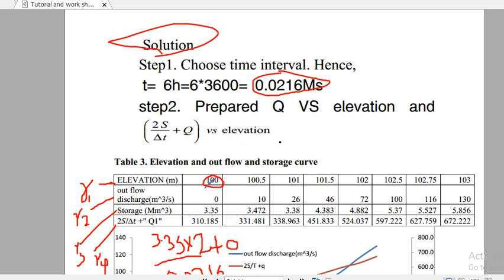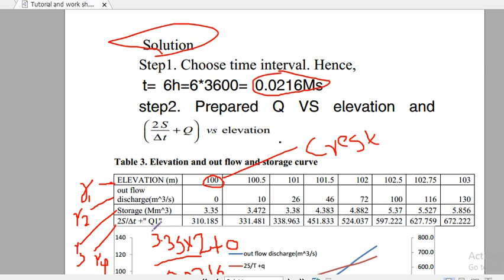At 100 elevation of the reservoir, the discharge is 0. So this indicates that elevation 100 is the crest level of the spillway.